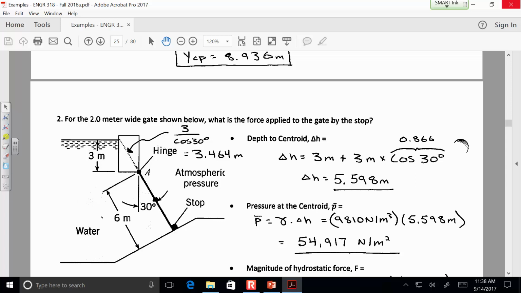I put the first couple of answers to the second problem up on the screen there. The depth of the centroid, the pressure at the centroid.